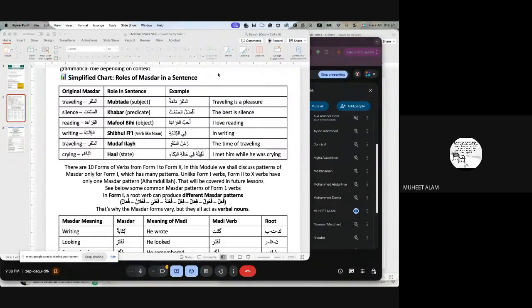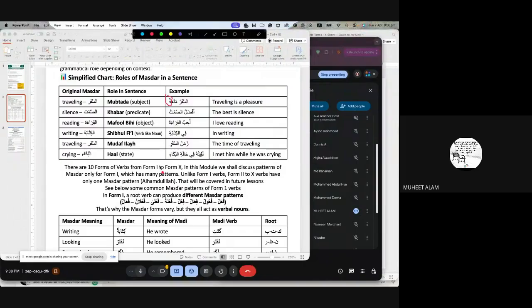These are some roles of masdar in a sentence. And we have learned that a masdar can have al, can also have tanween, and it can change Arab just like the noun.